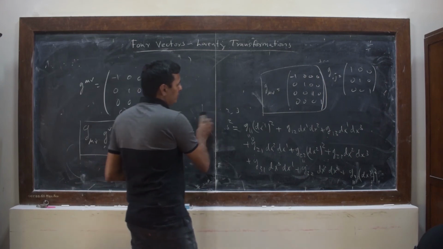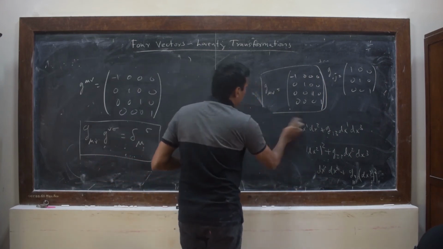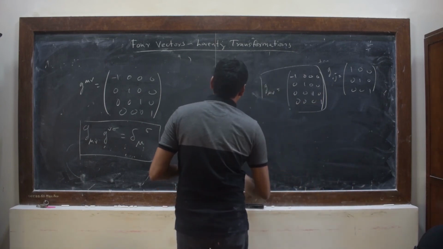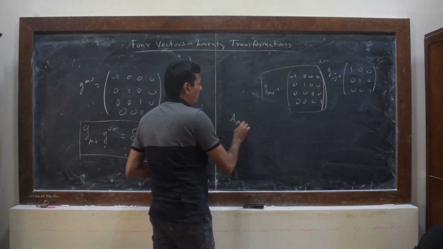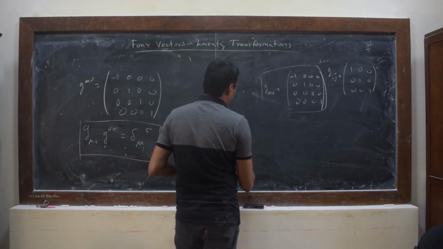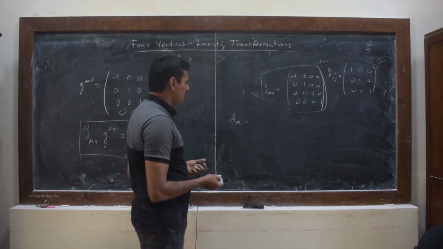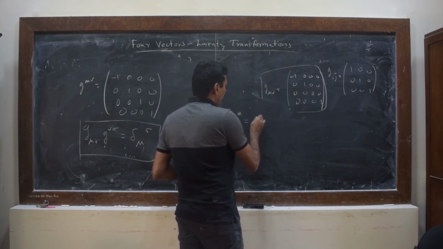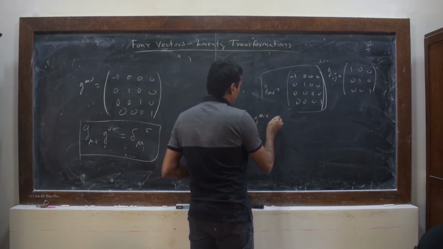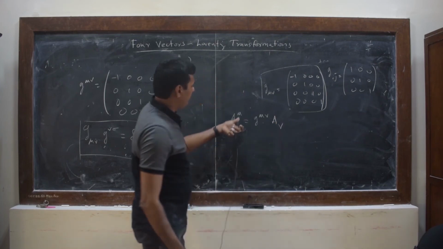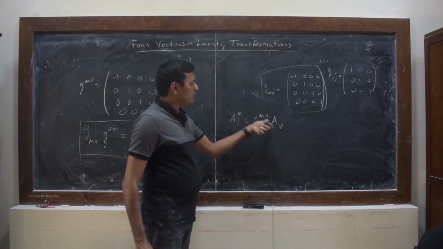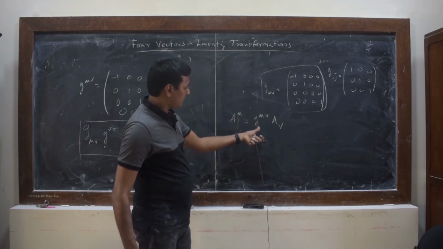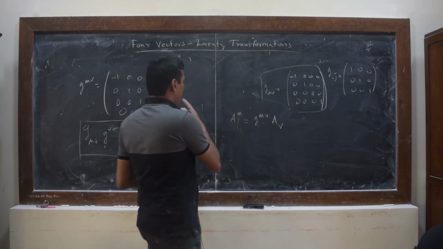So, what is it? The advantage of this thing is that if you are given a covariant vector A mu, and if you wanted to get the contravariant components A upper mu, it is going to be equal to G mu nu A nu, okay. So, if you know the covariant components, you will be able to get the contravariant components by contracting with the metric tensor like this G mu nu, and we will just try to get one component.